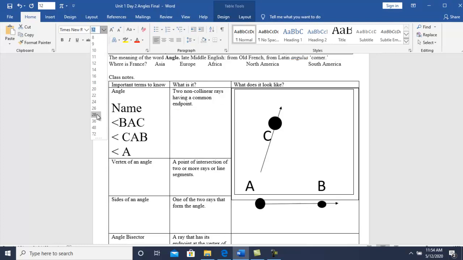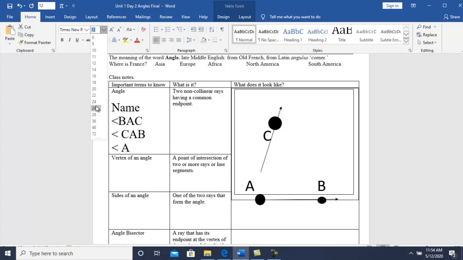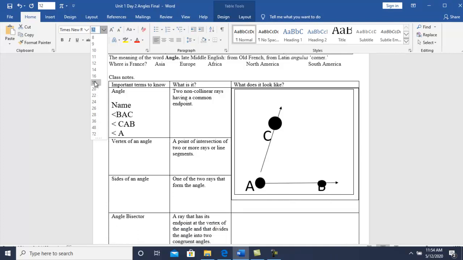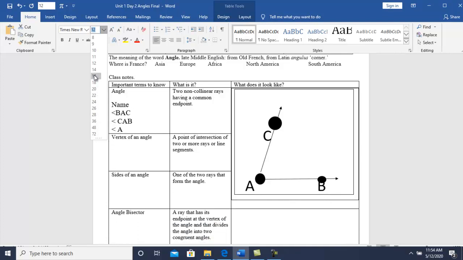Let's see if it'll let me do it. Yeah, I guess not. Okay, so those are the three names. You can call it BAC, CAB, or A. Now, the vertex of the angle is going to be A, or point A.